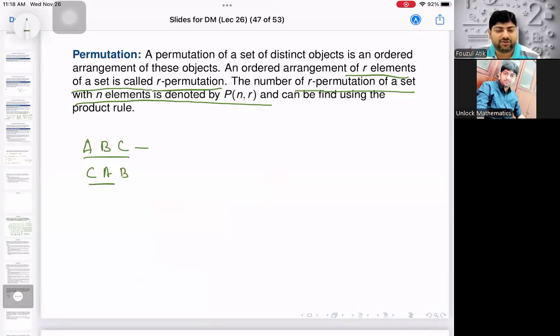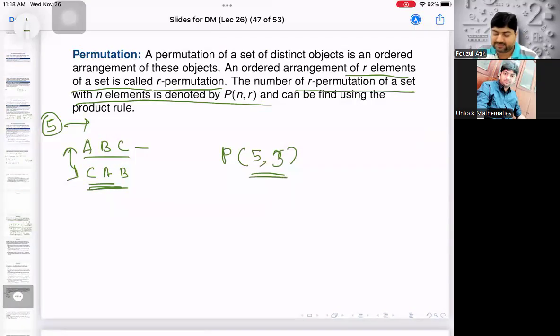And how do you denote how many such permutations are available? Suppose I have 5 objects. How many such permutations are available, that you denote by P(5, 3). So among the 5 objects, you are finding how many arrangements of 3 objects are possible.